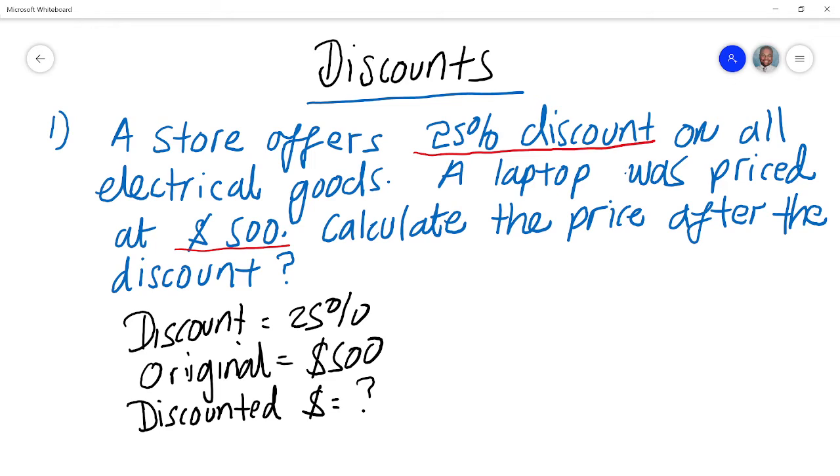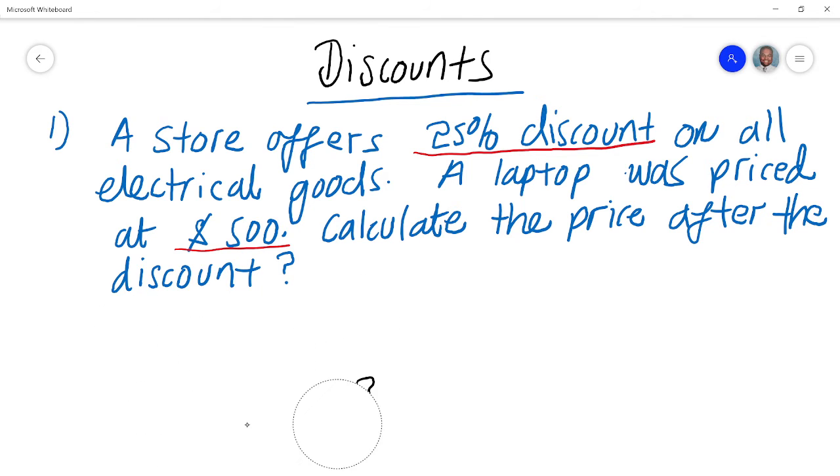So let's look at two ways in which we can work through this. There are two ways in which we can go through this question. Let me rub this out, because now we know that information. We'll look at step one.